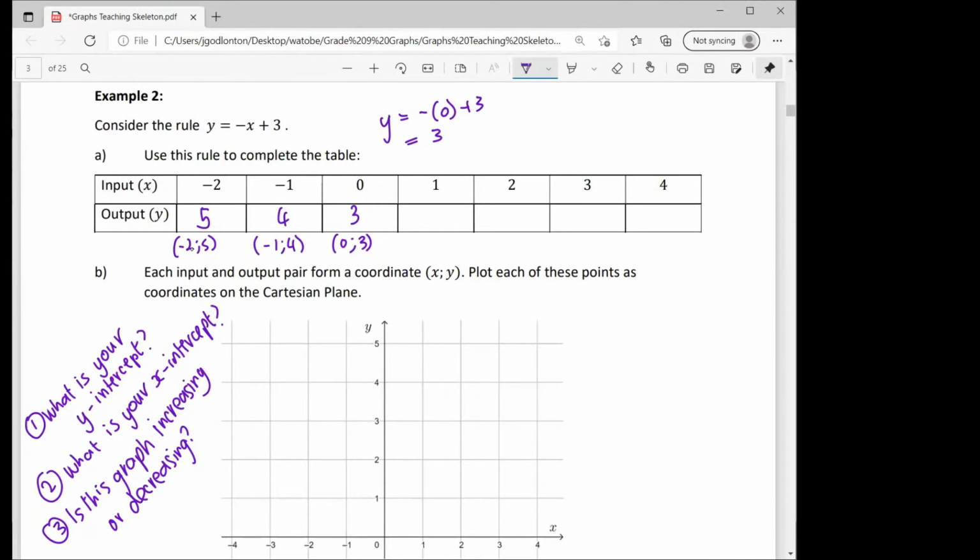Ma'am, yeah, how can I help? When calculating for the output, what if you didn't put the brackets after the y?